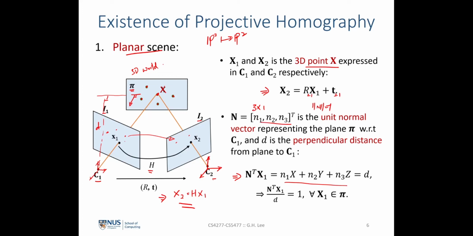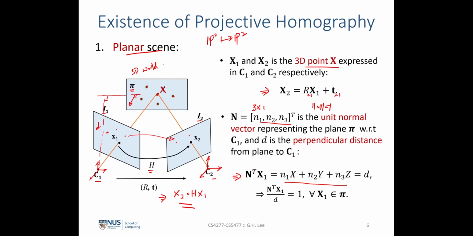X1 is the homogeneous point in the image frame here, which can be converted into an inhomogeneous coordinate x, y, and z here, and hence I will get n1x plus n2y plus n3z equals d here.